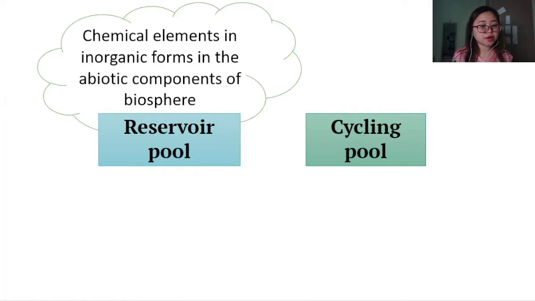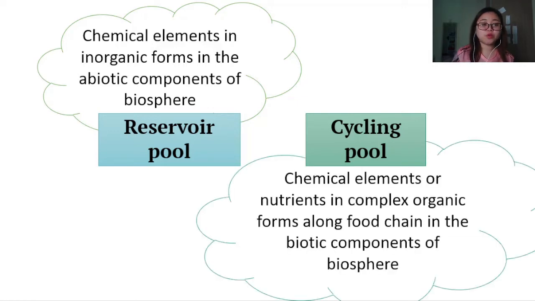Another thing to compare is that in reservoir pools, the chemical elements are in their inorganic forms, in the abiotic components of the biosphere. Whereas when you are talking about the cycling pool, the chemical elements or the nutrients are in their complex organic forms along food chain in the biotic components of the biosphere.